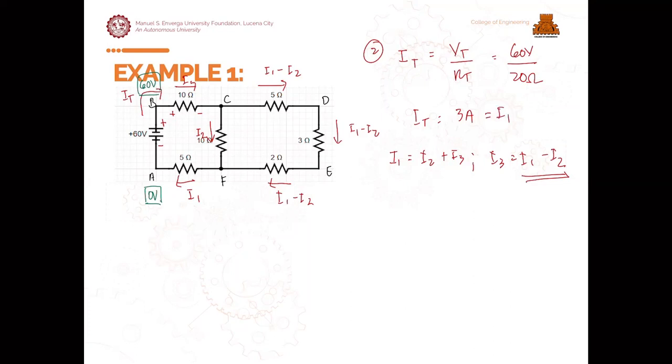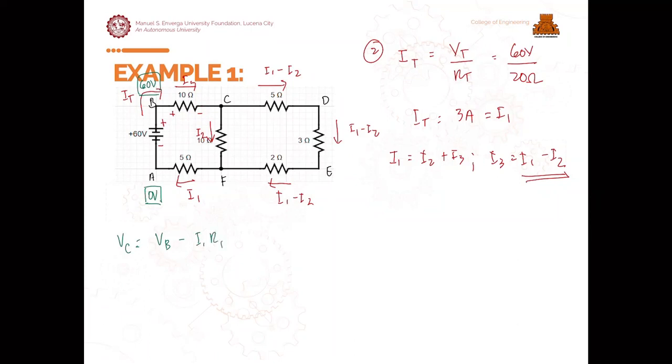To get the voltage at C, it equals the voltage at B minus, because passing through here our voltage goes towards the negative, so we have a voltage drop, minus the value of IR at that resistor, which is the voltage across the resistor. So we have I1, R1, where R1 is 10.